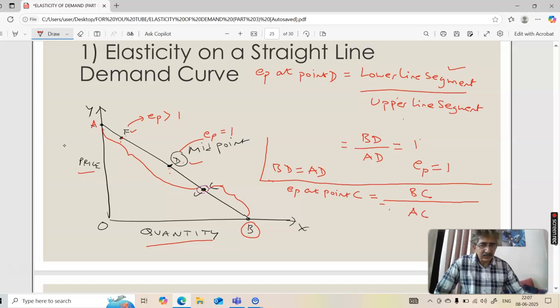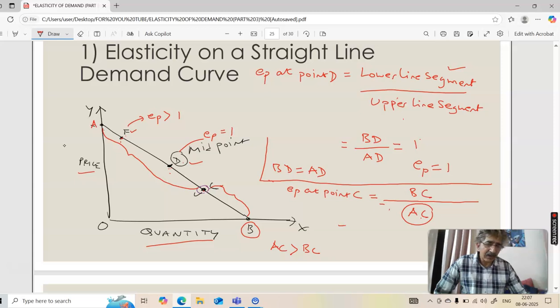The lower line segment is smaller and the upper line segment AC is bigger. AC is bigger than BC. So in this case, the denominator AC is bigger than the numerator.